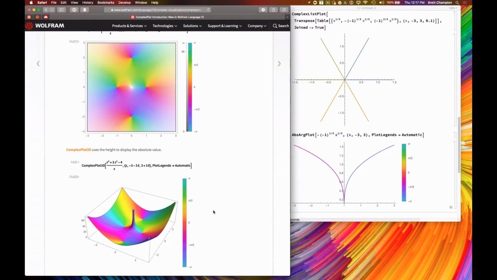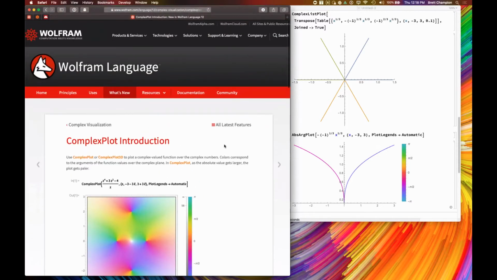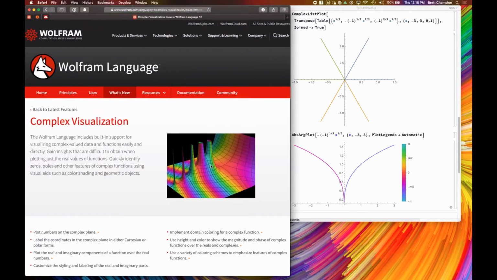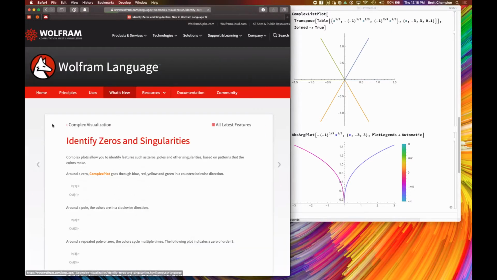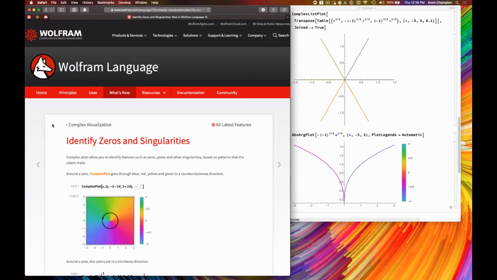And so if we come back to our main page, you'll see that we then have an entire row of examples that walk us through how to interpret the complex plots, and especially complex plots. Because once you get familiar with these, you start to be able to recognize what certain types of features look like.